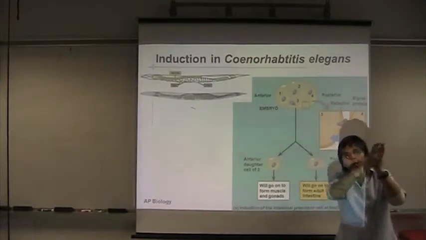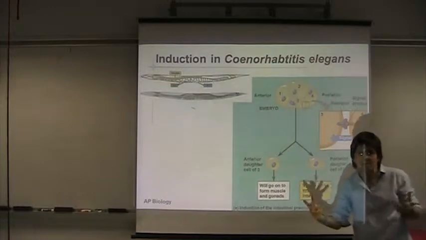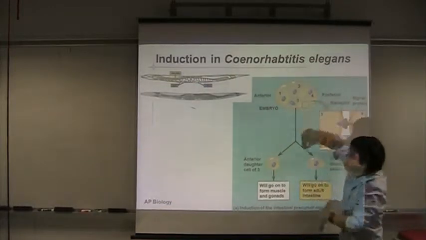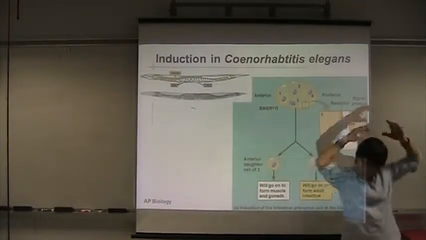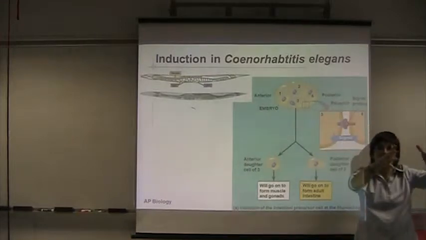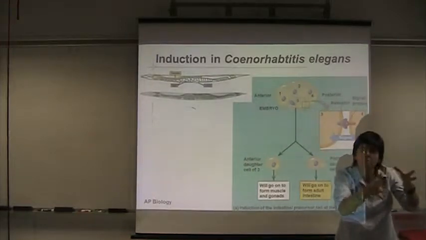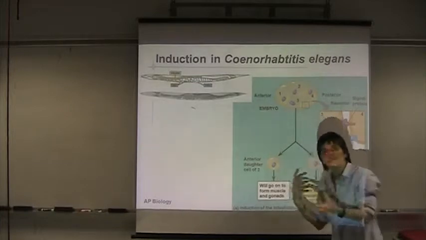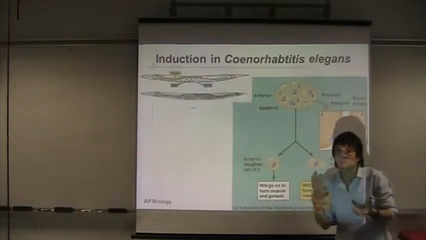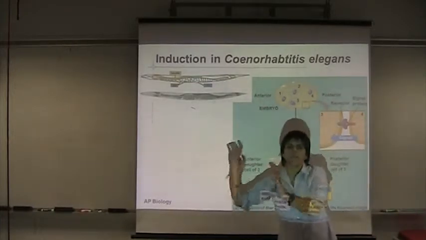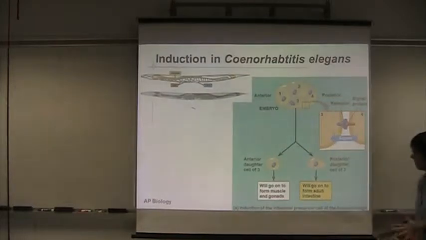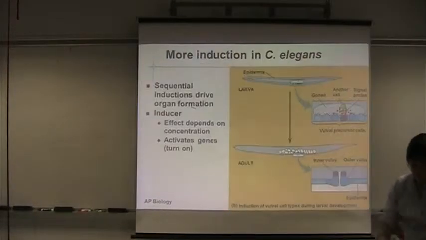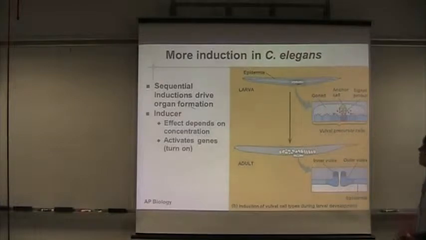So all this leads to what is called a gradient, basically diffusion of molecules. Just like before, wherever you have the most, you're going to become something because a particular set of genes is going to be activated or turned off, and the other part is going to become something totally different. This is Caenorhabditis elegans.